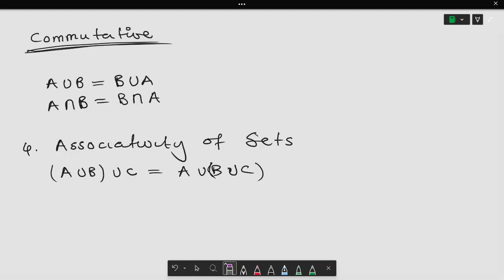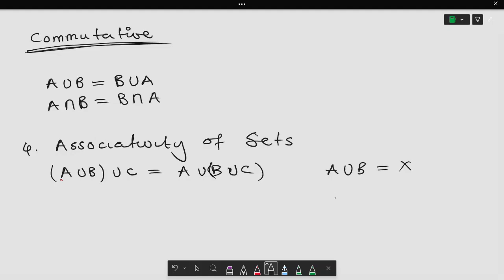You can take the union of A and B first, then do the union with C, or you can take the union of B and C first, then do the union with A.